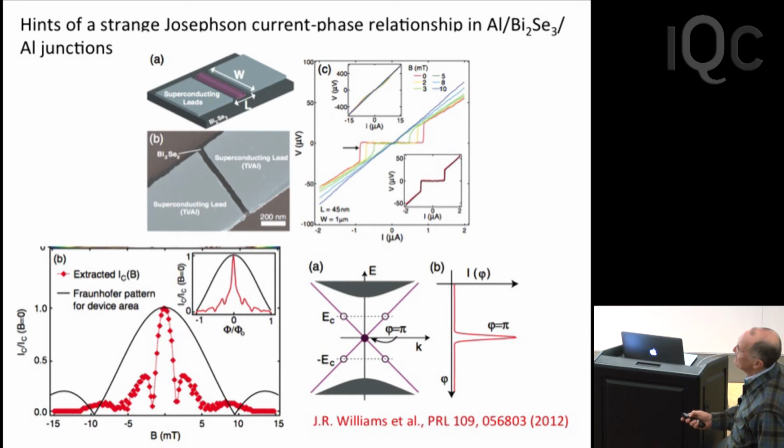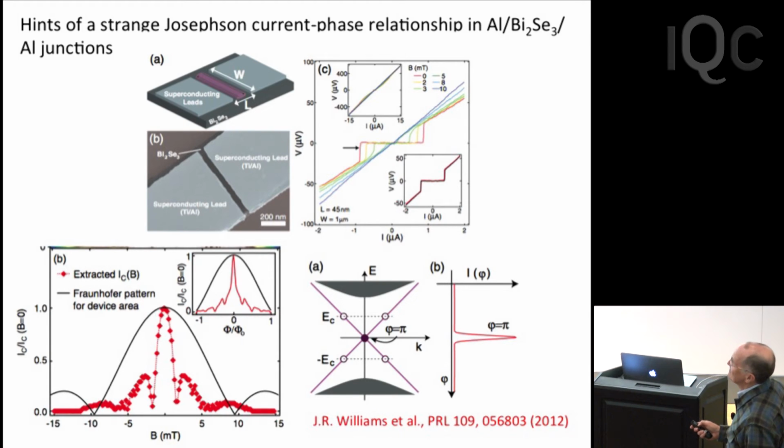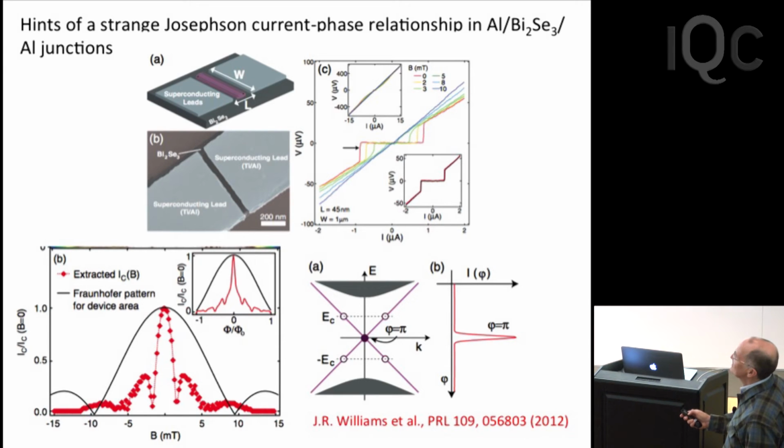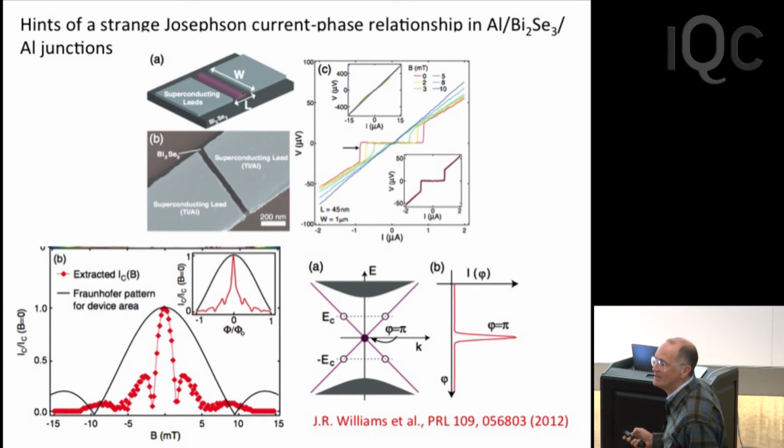So they're applying a magnetic field perpendicular to the junction, and they're looking at the critical current. What they saw instead is this red, very strange characteristic. In trying to understand what was going on, they found that they could explain their experiments by assuming that the current phase relationship, instead of being sinusoidal, has a strong peak at a phase drop across the junction of pi.